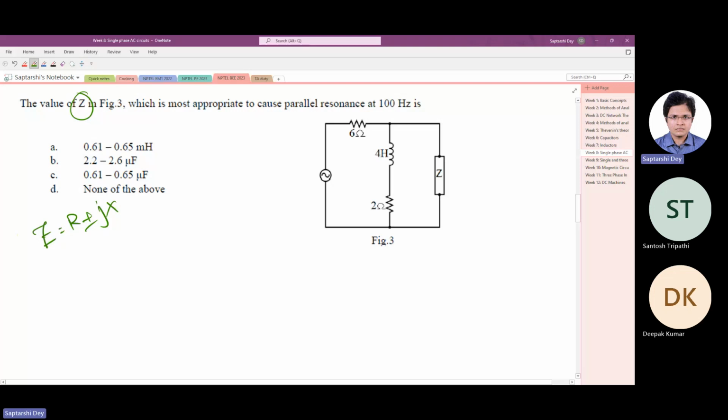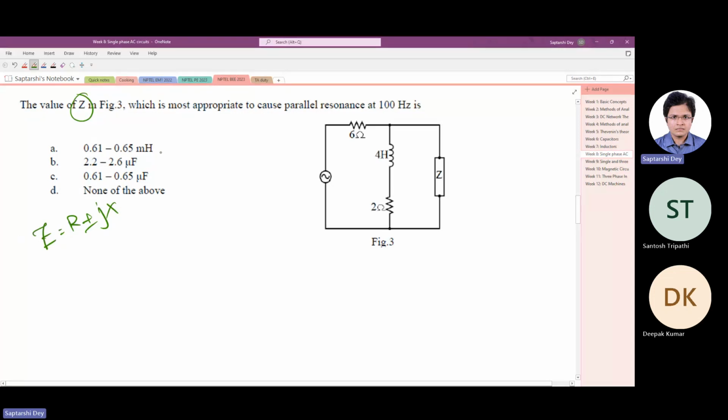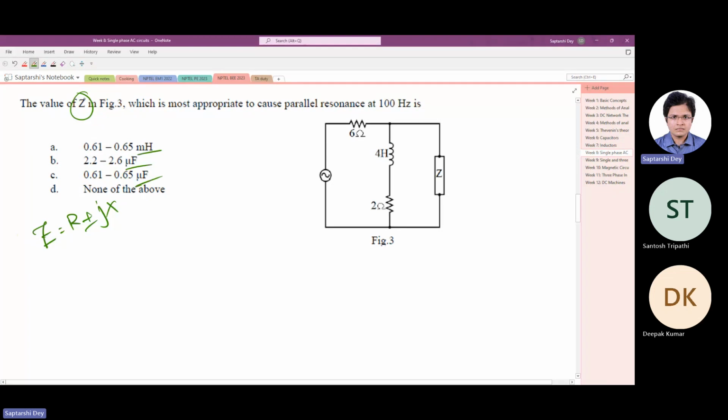But as I can see in the options, they have written only like this. It's a wrong question, wrong terminology. You should be very careful while writing terminologies. So what we will do is take this as a reactance, that is either a capacitor or an inductor, with no resistance.